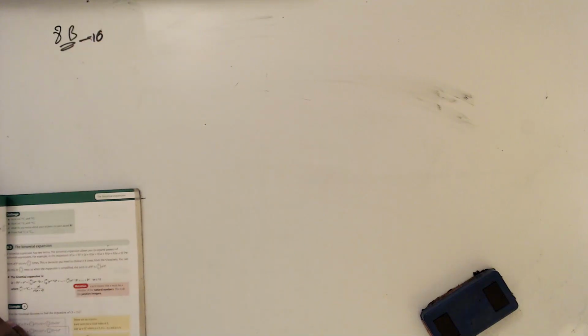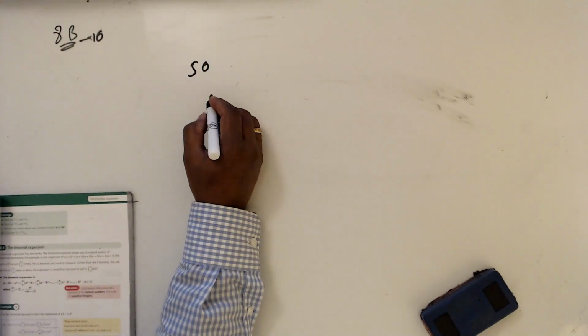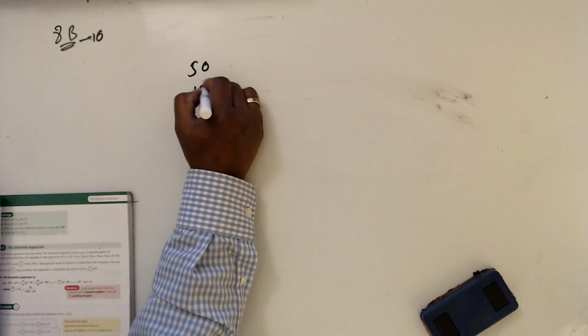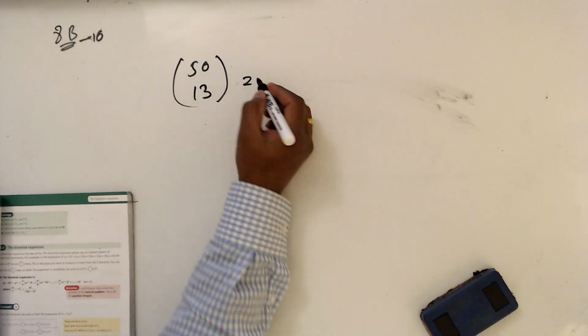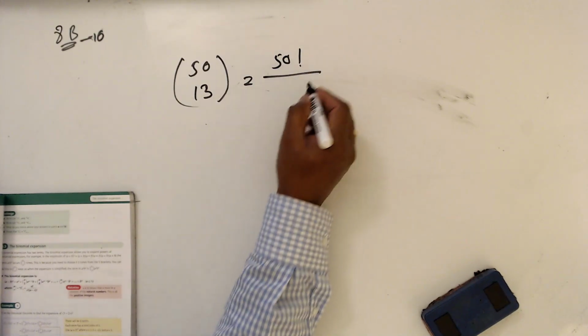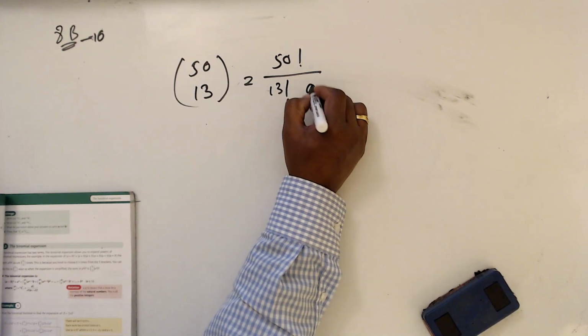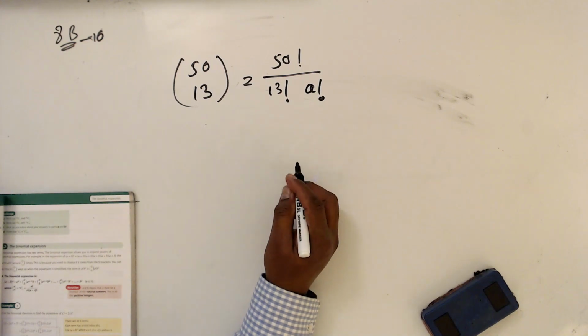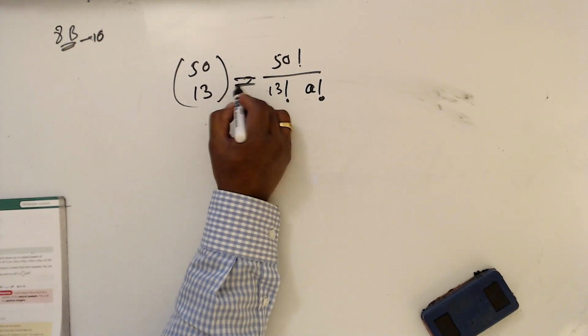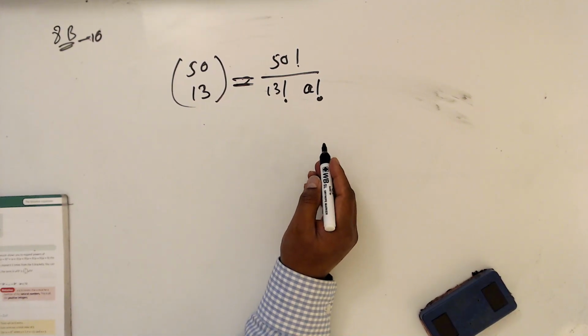Question number 10. What is this one? This is an equation because it has an equal sign.